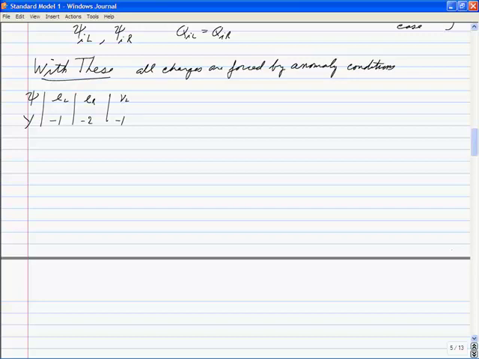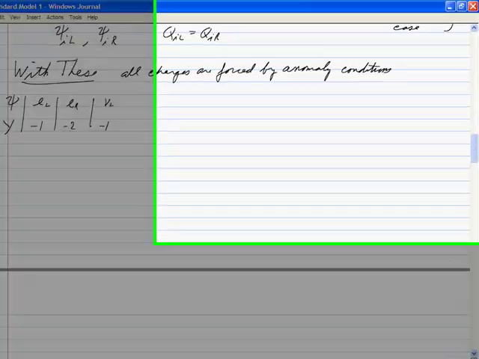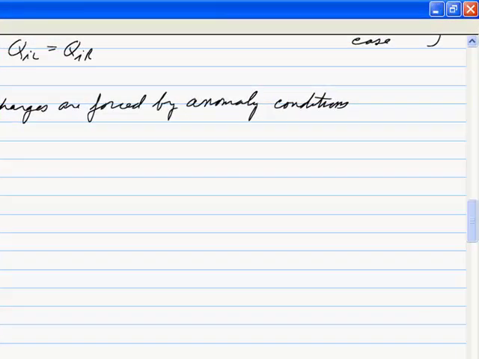That's actually fixed. That has to be the case because it sits in the same doublet as the left-handed electron, so the whole multiplet has to have the same hypercharge. But the right-handed neutrino sits independently. It doesn't sit in a doublet. Its hypercharge is 0.